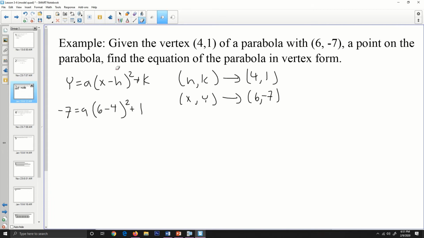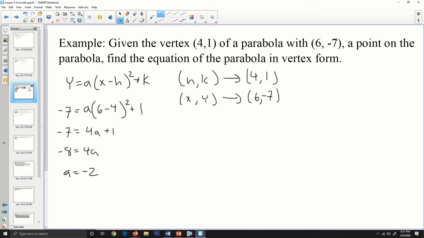So let's evaluate this. 6 minus 4 is 2, and 2 squared is 4, so I have -7 equals 4a plus 1. Subtract 1 from both sides, I get -8 equals 4a. When I divide both sides by 4, I get a equals -2.